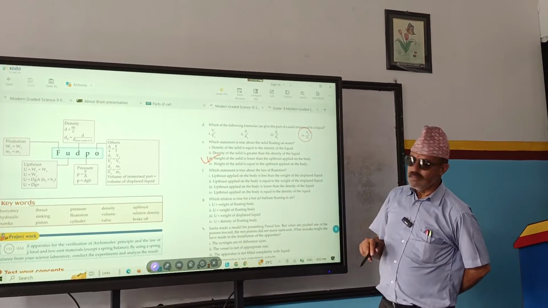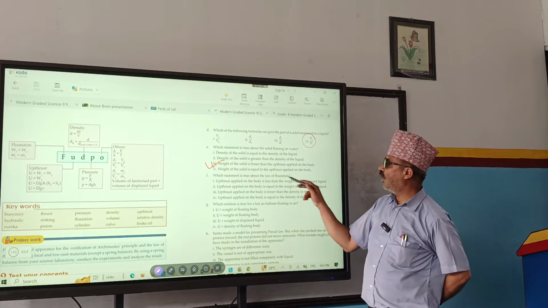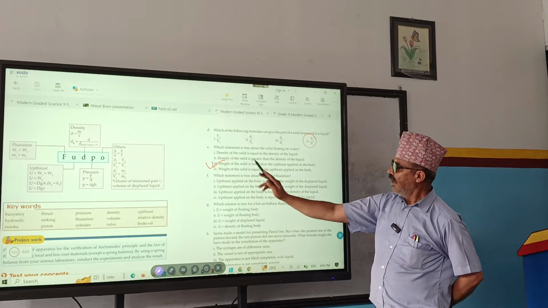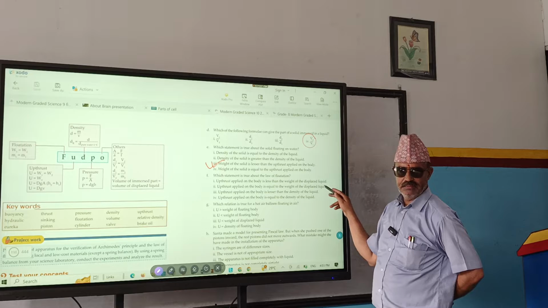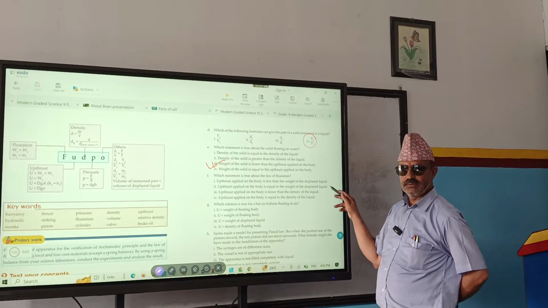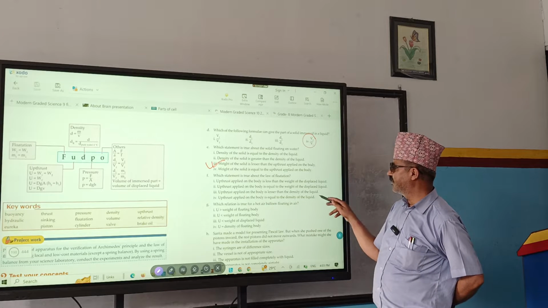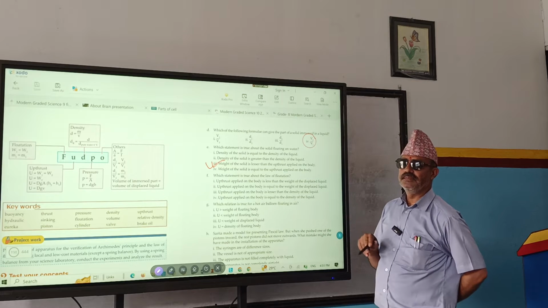Alright? Number F, will you read? Which statement is true about the law of flotation? First, upthrust applied on the body is less than the weight of the displaced liquid. Upthrust applied on the body is equal to the weight of the displaced liquid. Upthrust applied on the body is lesser than the density of the liquid. Upthrust applied on the body is equal to the density of the liquid.